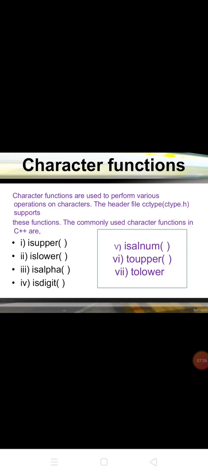Okay. Next predefined function is character functions. What do you mean by character functions? Character functions are used to perform various operations on characters. The header file is ctype. These functions are commonly used: isupper, islower, isalpha, isdigit, isalnum, toupper, tolower.